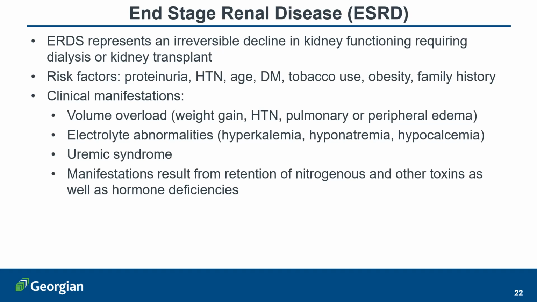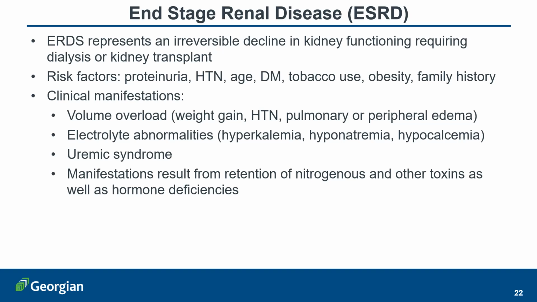But the biggest issue with end-stage renal disease that necessitates dialysis is this uremic syndrome. If the kidneys are not functioning properly, then you have the buildup of all these various toxic metabolic byproducts, including all the nitrogenous waste byproducts, and that results in the uremic syndrome that can affect the functioning of any and all the organ systems in the body.